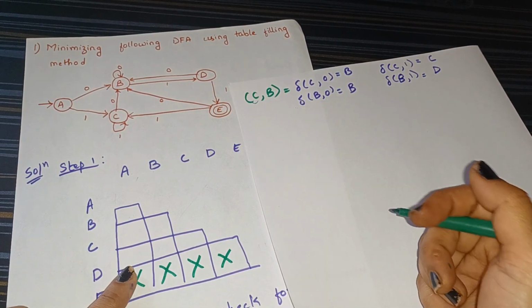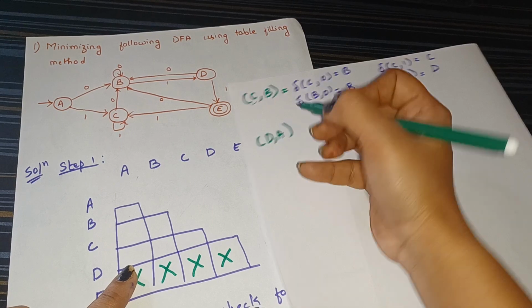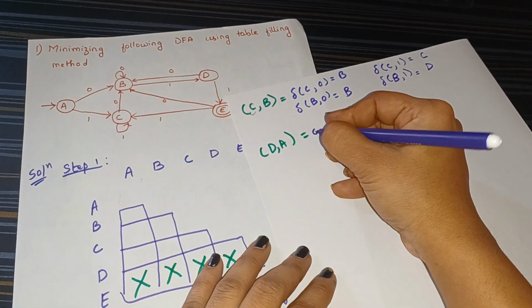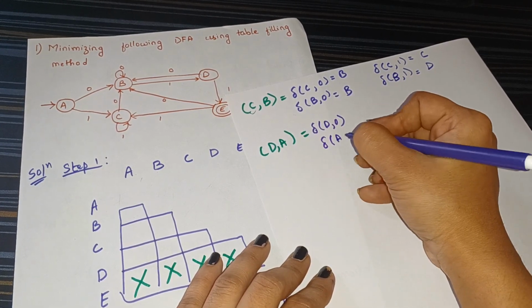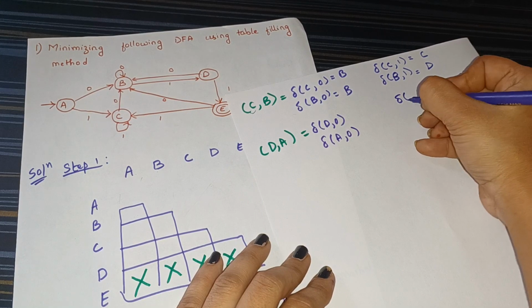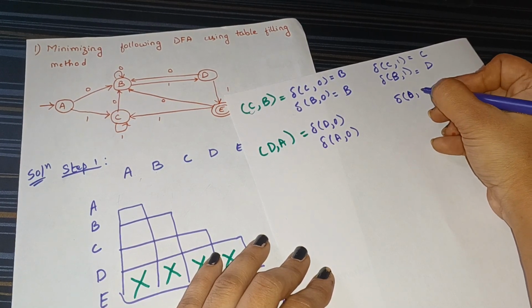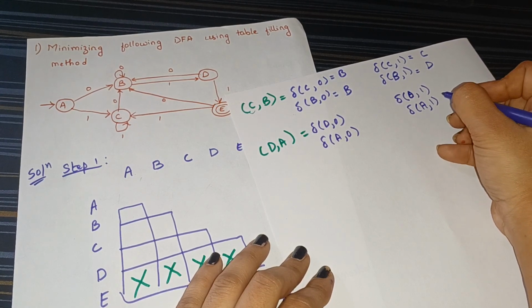So next we have D on A. This is also an unmarked pair, so we will check for delta transition of D on 0 and delta transition of A on 0, and delta transition of D on 1 and delta transition of A on 1.